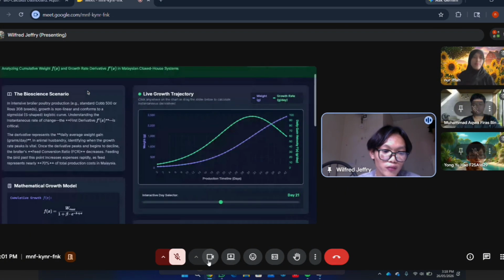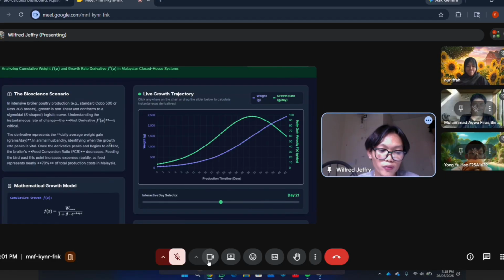First, let's look at the main issue we are addressing. In commercial poultry farming, using popular breeds like Cobb 500 or Ross 308, broiler chickens do not grow at a steady speed.